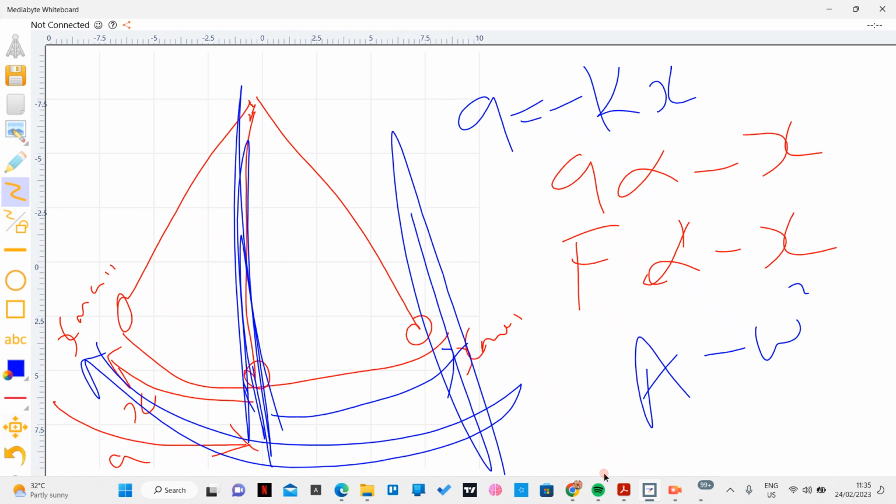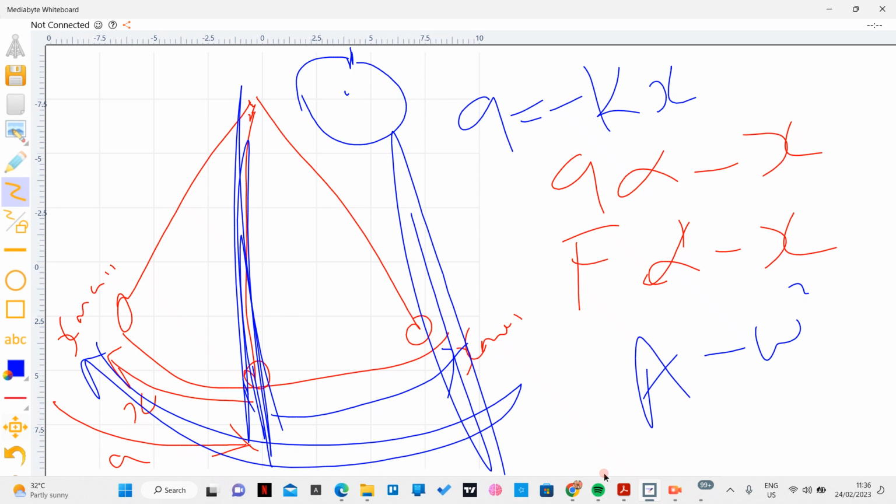For circular motion, one oscillation is from the starting point back to that same starting point. So for circular motion, it's from here back to here. The definition of period, the time taken for the object to move from a starting position back to that same starting position, applies to both.